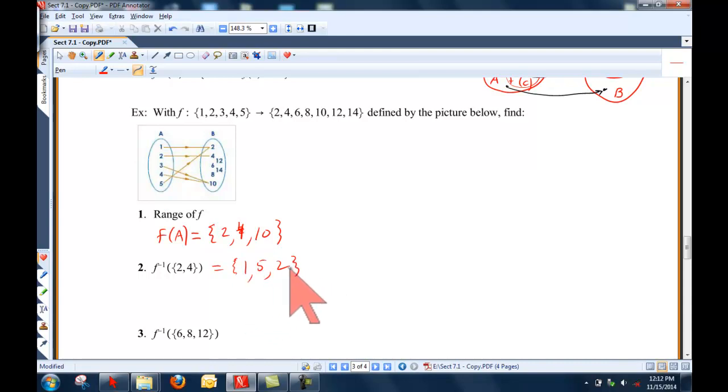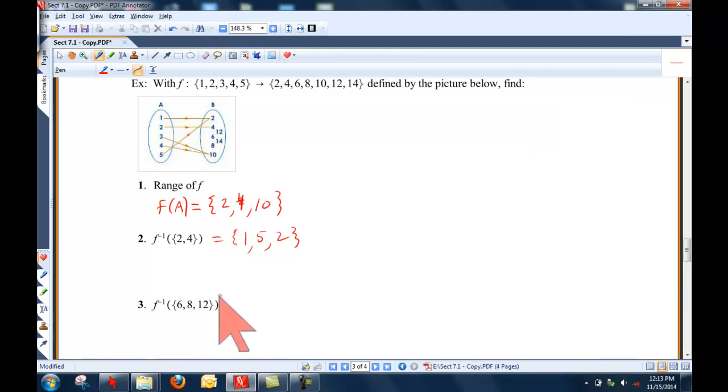F of each of these guys is in the set {2, 4}, so this is the inverse image. How about F inverse of {6, 8, 12}? It's all of the members of A that map either to 6 or 8 or 12, and you rightfully say there aren't any. Okay, so the inverse image is the empty set.